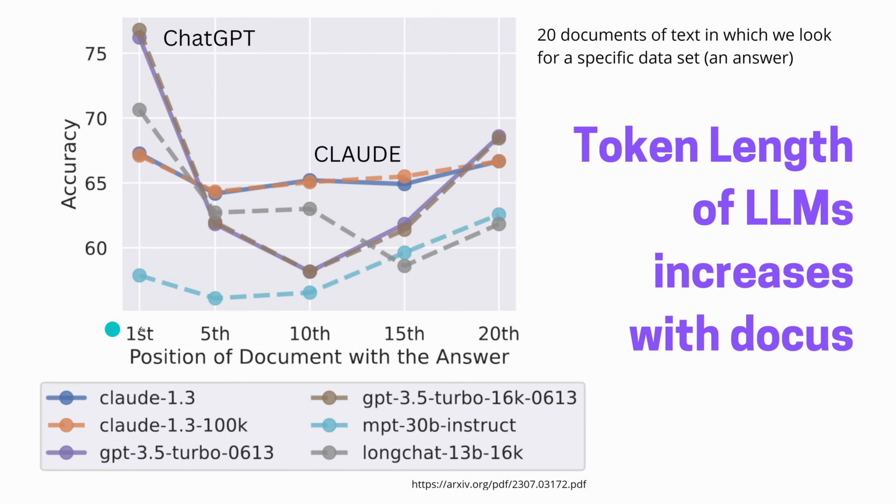If in my 5th document the solution is presented to ChatGPT, I lose system performance significantly. Look, I go from 77% accuracy to 62% accuracy, just by changing in what document the solution is presented to my LLM. It gets even worse.